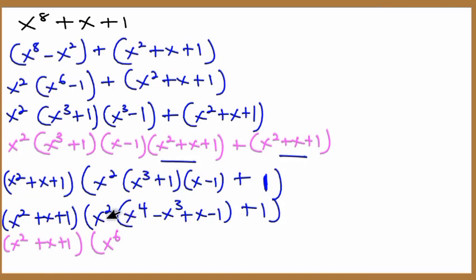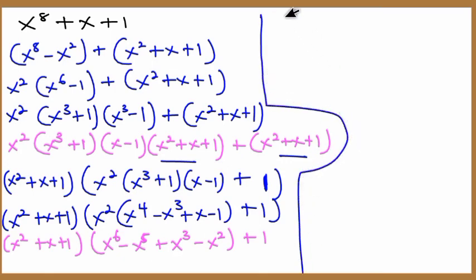Since they have the same base, we'll add the exponents, so I'll have x^5, plus it applies to this one too, x^3 - x^2 closes, plus 1.